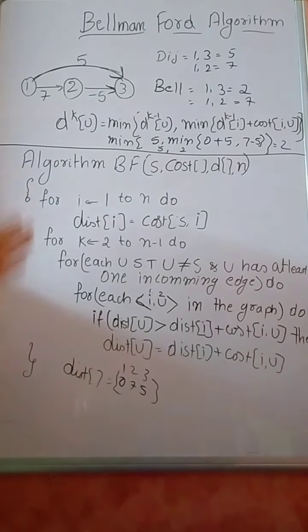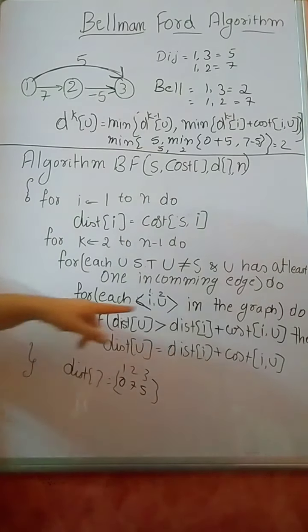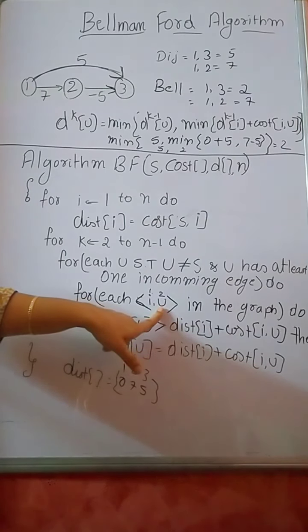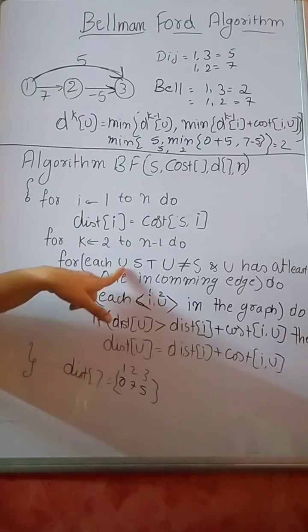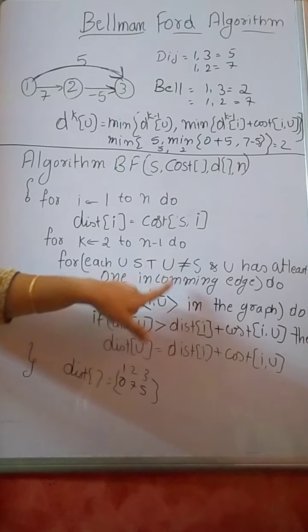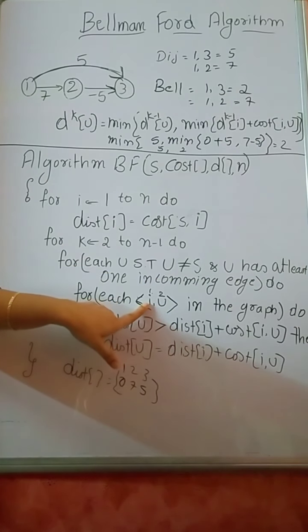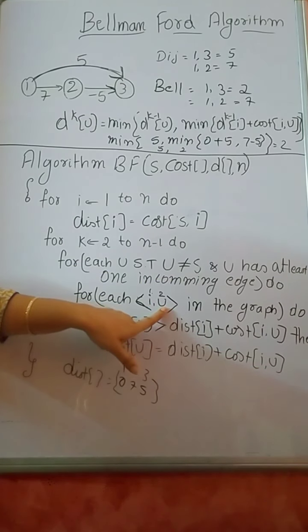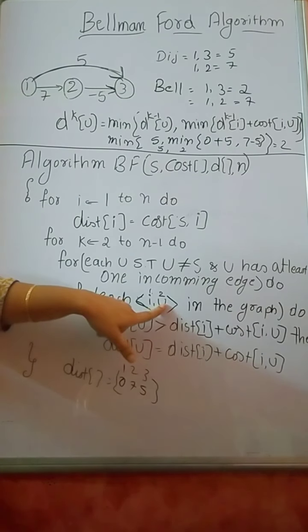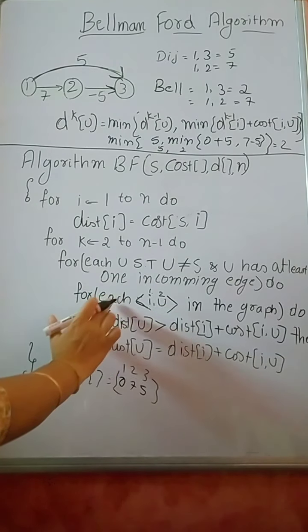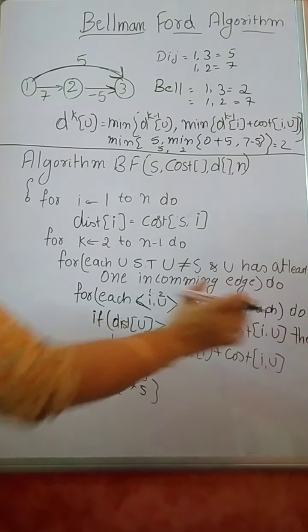So any incoming edge we are having to 2, because I am considering u here. For all the incoming edges, from any vertex to u indicates an incoming edge, not an outgoing edge.